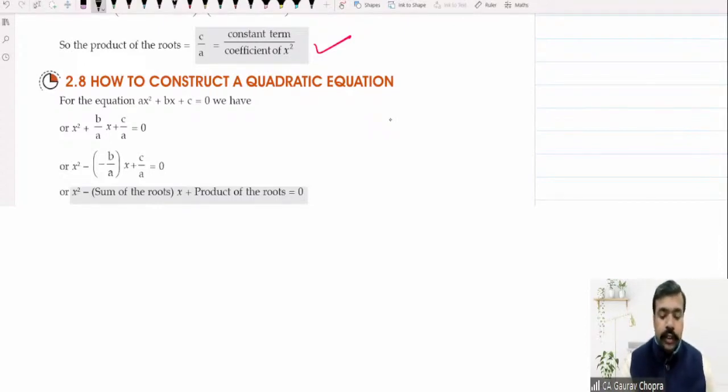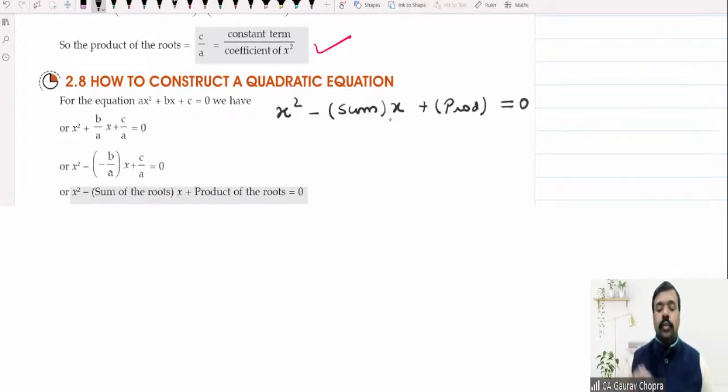For construction, because it is quadratic, we put x square minus the sum of roots, and then the variable x, plus the product of roots, and then equal to 0.